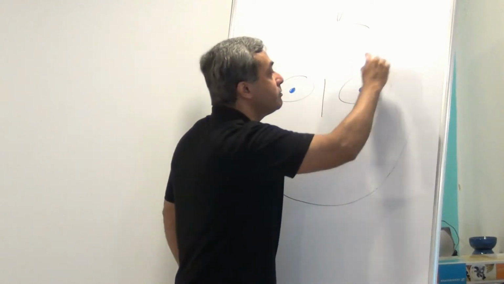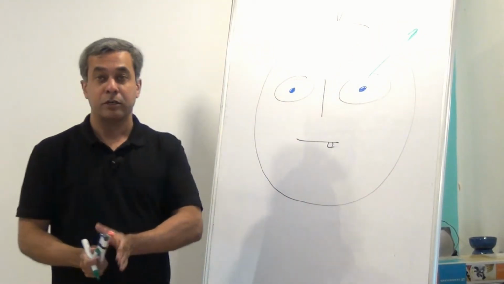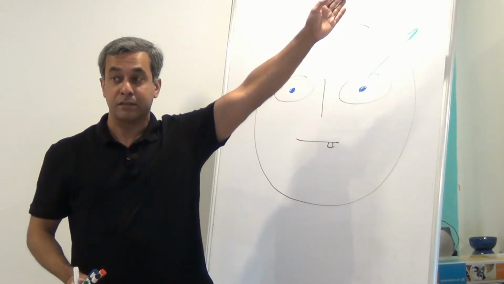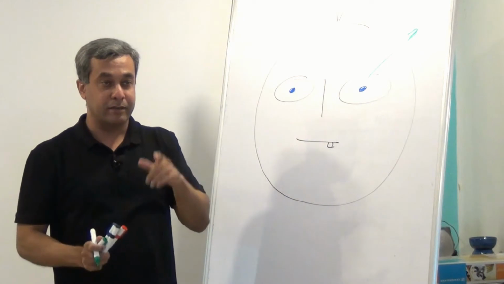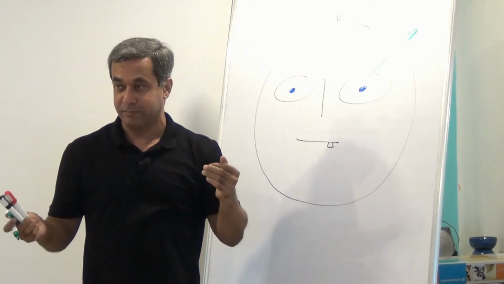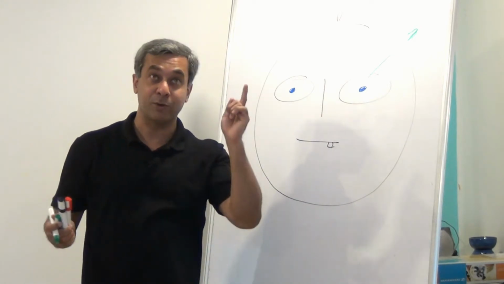If the eyes of this person go upward to their left, my left, upwards to the left, and usually you'll find both eyes go together. You won't find one eye going here, one eye going there.